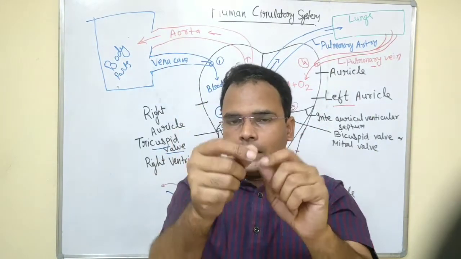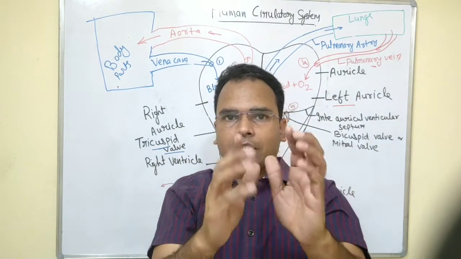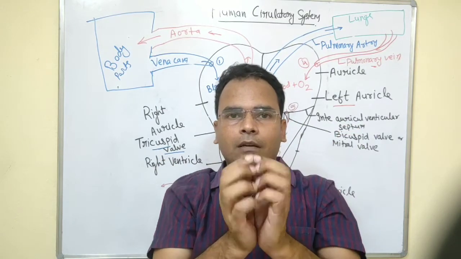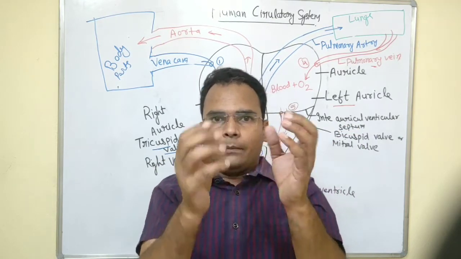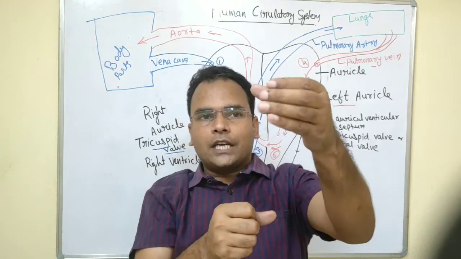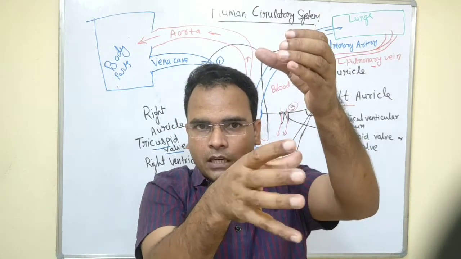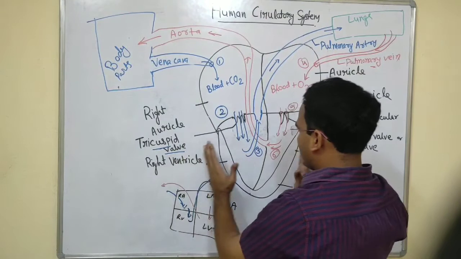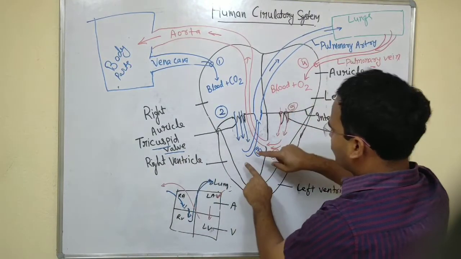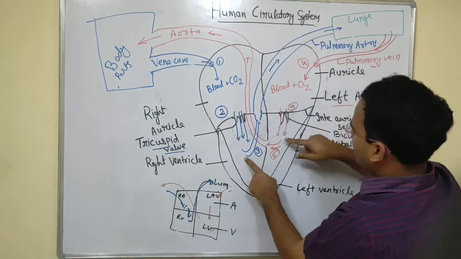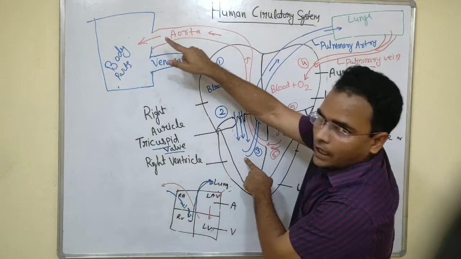I'll add an animation, so you can watch that in between. I'm explaining that first. So the auricle expands, and by that time the ventricle will contract. Once the ventricle contracts, the blood will go in two directions, one to the lungs and the other to the aorta.